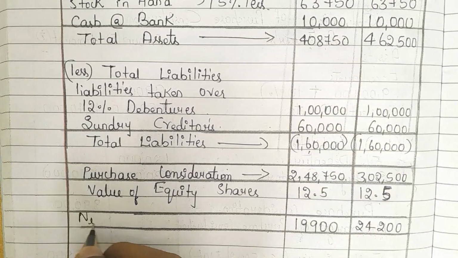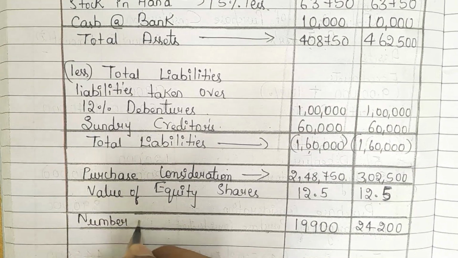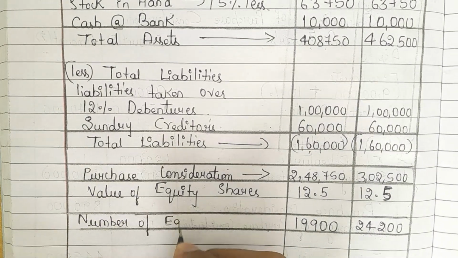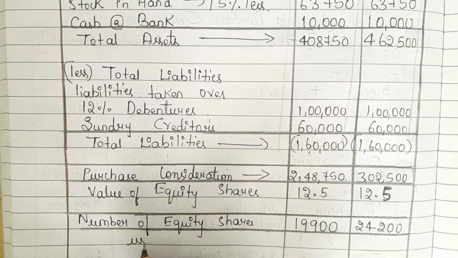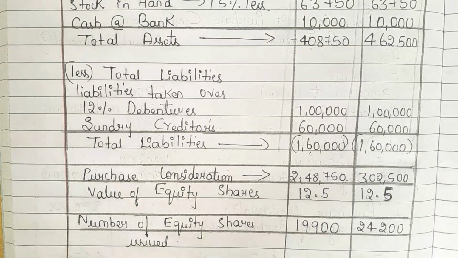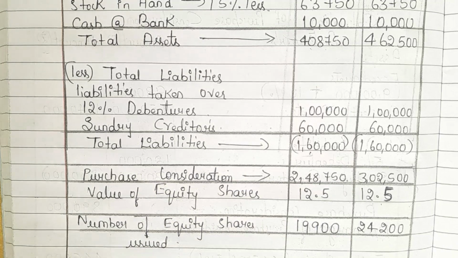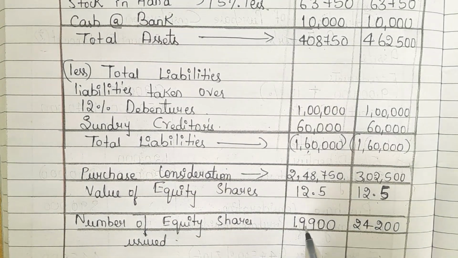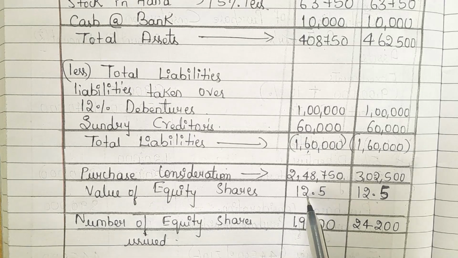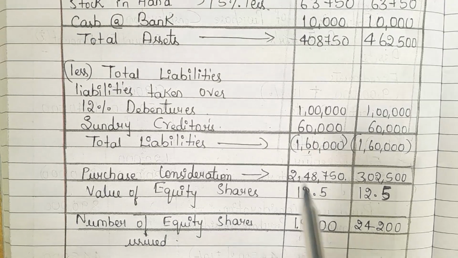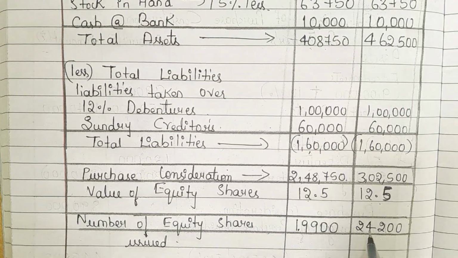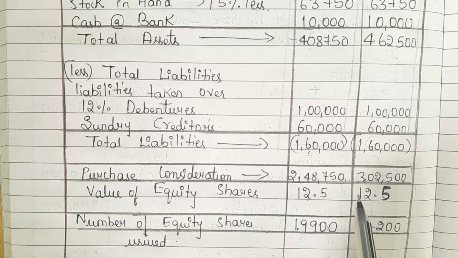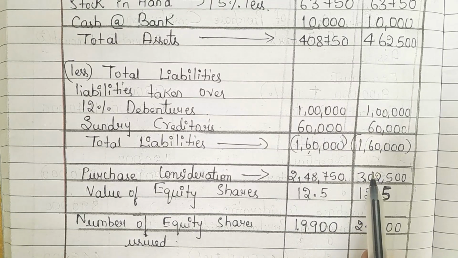This is nothing but the number of equity shares issued. So we have found out the answer for both the questions. The XY Limited company is issuing 19,900 equity shares of rupees 12.5 to X Limited company and 24,200 equity shares of rupees 12.5 to Y Limited company.